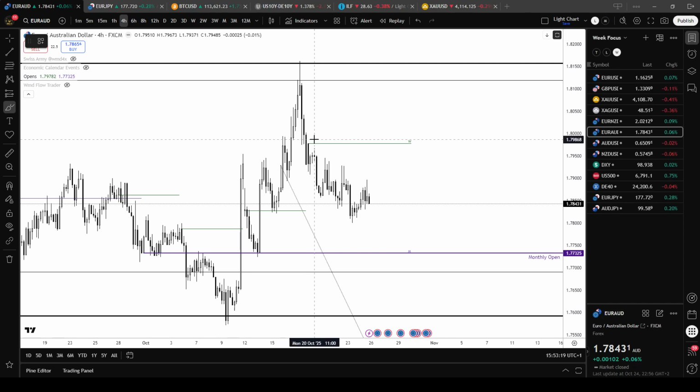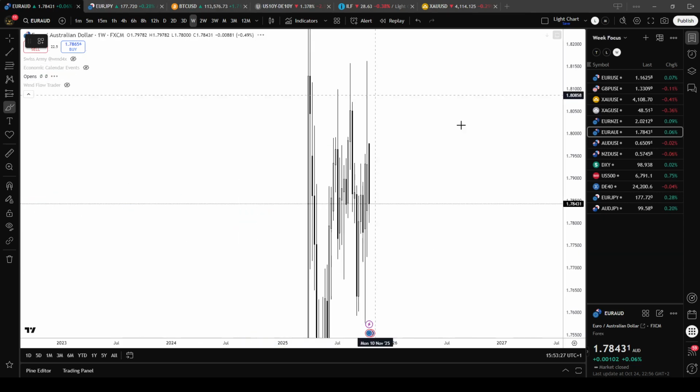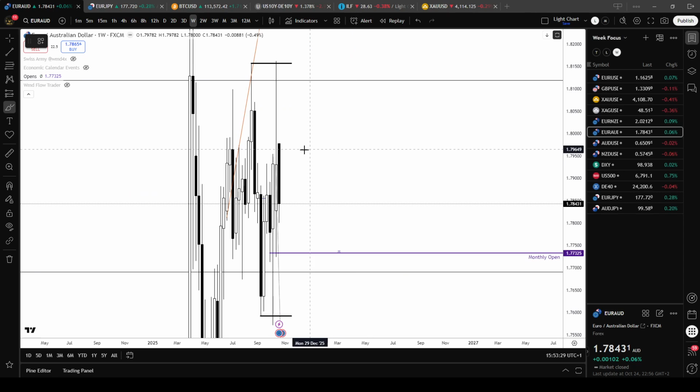And if you don't know, flat opens, especially on higher time frames, they are a magnet for price. And we're talking about a weekly. This weekly looks like that. It doesn't have a wick. It has a flat open.